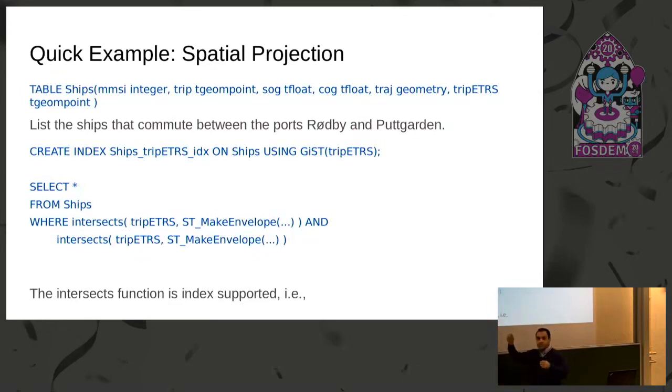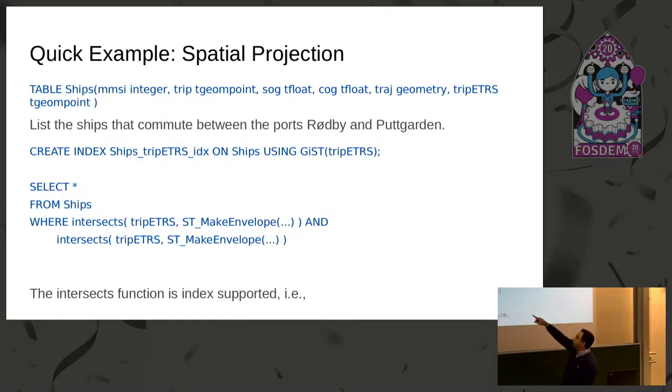Speed over ground is a typical observation reported by the AIS sensors that tells you the speed of the ship, and because it changes over time, it's loaded into a temporal float. This is coming from the source information, not calculated. Course over ground is also a temporal float. And then I pre-calculate the spatial trajectory, which is a linestring, projecting the same trip into a projected coordinate system, the ETRS, which fits the area of Denmark.